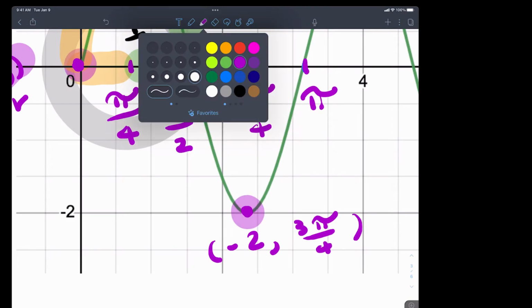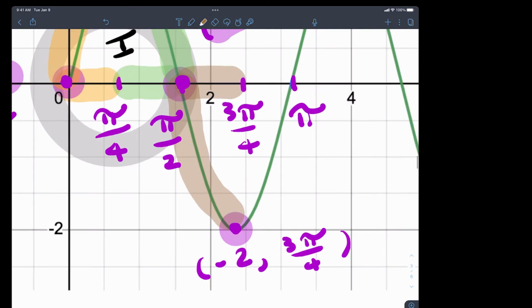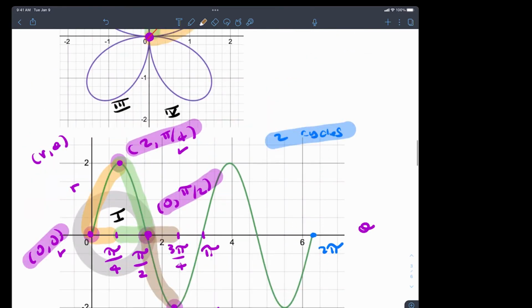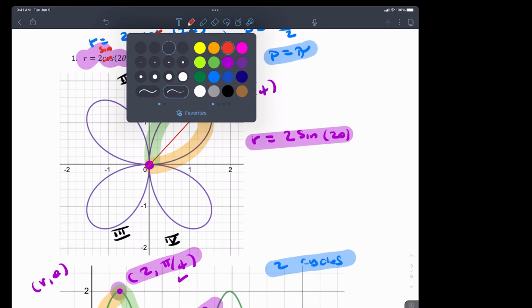And we're going to color this what? Maybe brown. So you're going to go to 3 pi over 4. Radius is -2. What's the angle of 3 pi over 4? You guys know? 135 degrees. So this is going to be going this way.